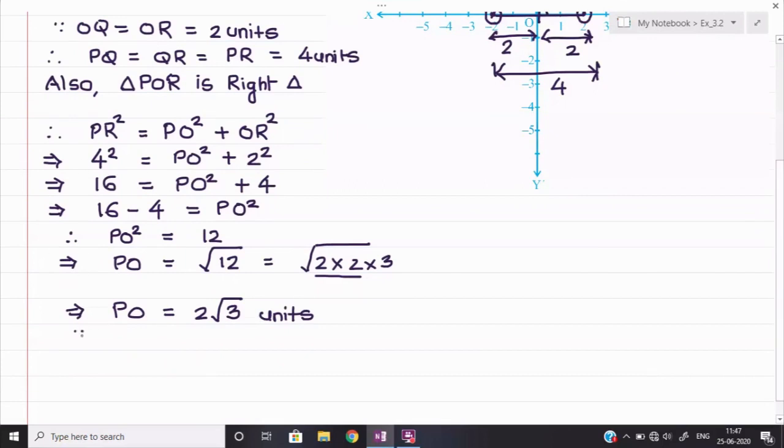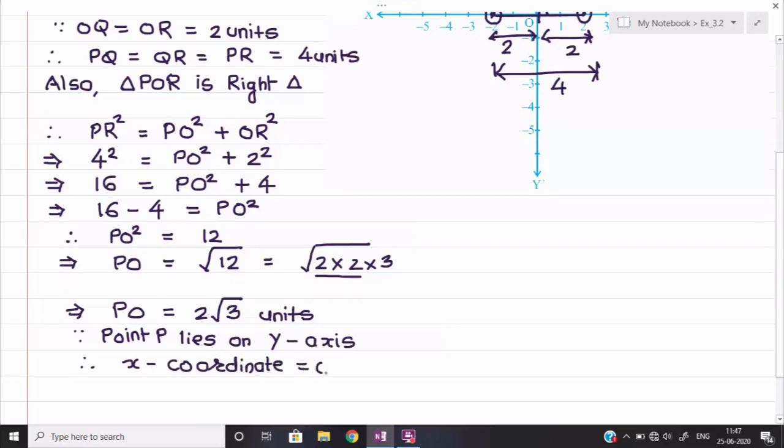Since point P lies on the y-axis, therefore the x coordinate would be 0.